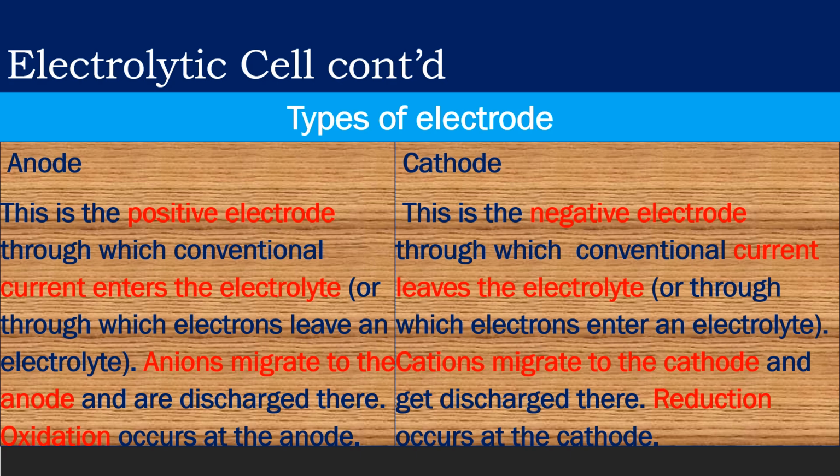Cathode is the negative electrode through which conventional current leaves the electrolyte. And at the same time, cations migrate to the cathode and they are discharged there. Of course, reduction occurs at the cathode. So the difference is that electric current enters the electrolyte through one, electric current leaves the electrolyte through the other. And at the same time, oxidation reaction takes place at one, reduction reaction takes place at the other one.